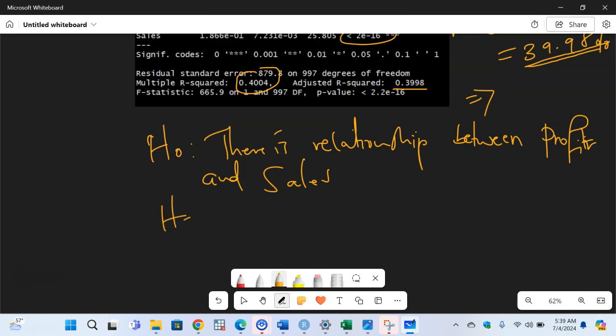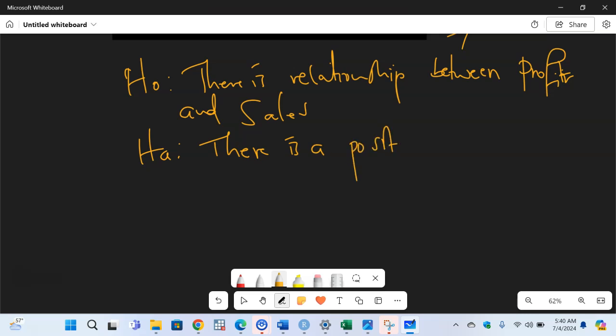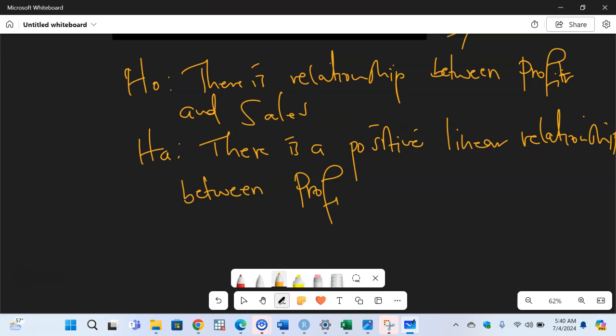Then perhaps on the alternative hypothesis, we say there is a positive linear relationship between profit and sales.